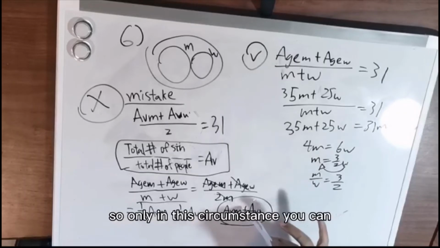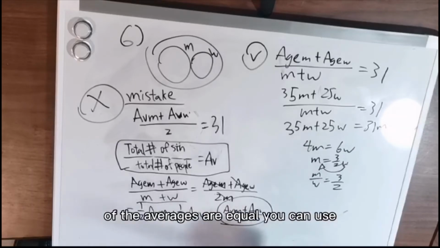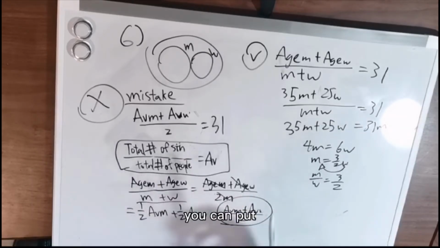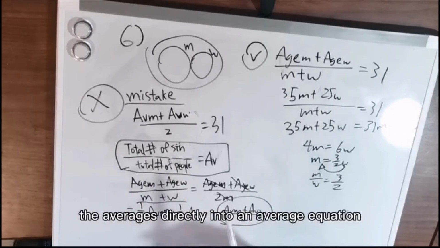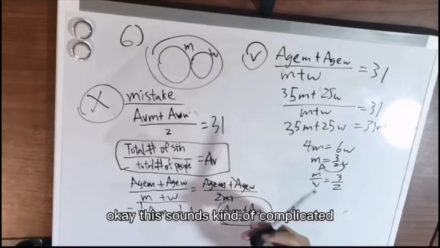So only in the circumstance that the numbers of people are equal can you put the averages directly into an average equation.